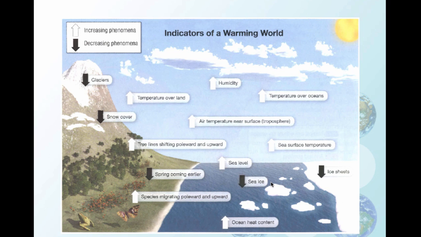As sea ice decreases and as ice sheets and summer ice cover, for instance, at the North Pole, melt, the sea level of course rises. The ocean, which has been doing a good job to this point of absorbing all of this excess heat, although it's leading to ocean acidification, its temperature will continue to rise.